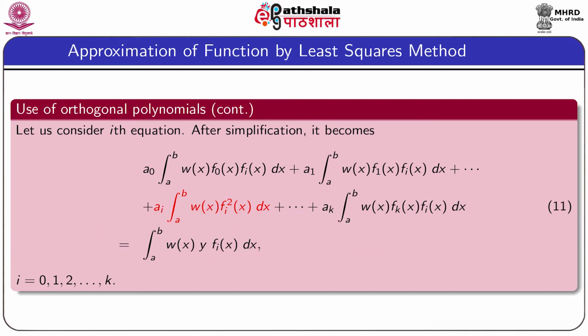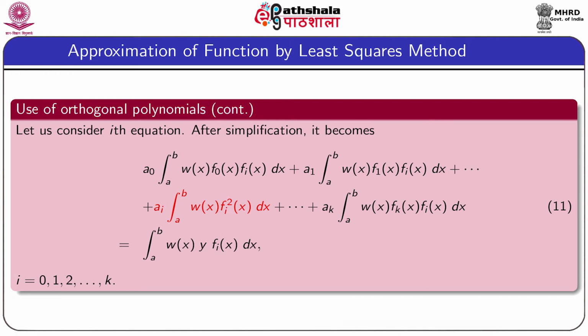Note that the red marked term, ai integration a to b w(x) fi square(x) dx, is the non-zero term and all other terms are zeros because f0 and fi are different functions. That means the first term is 0 because this is the inner product of two different orthogonal polynomials f0 and fi.